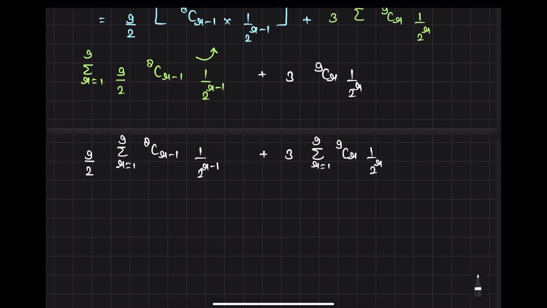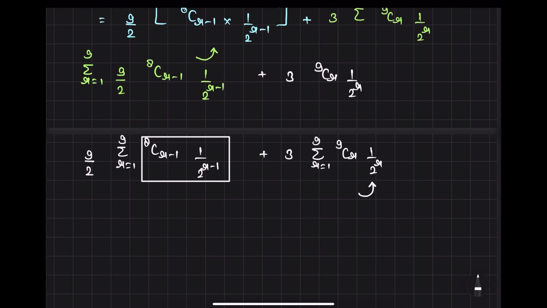Okay, if you observe this thing, the lower subscript of c and the power of this component is the same. So can I consider this 1 by 2 as y? And look at this thing, it is also there.